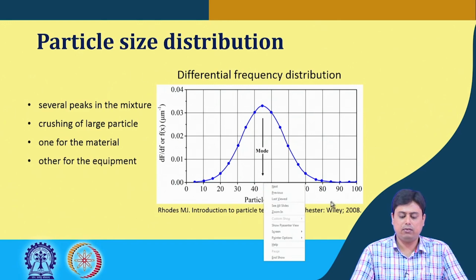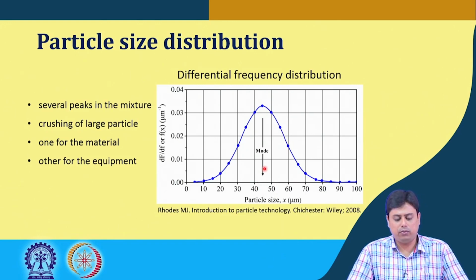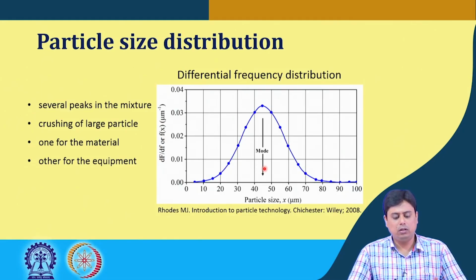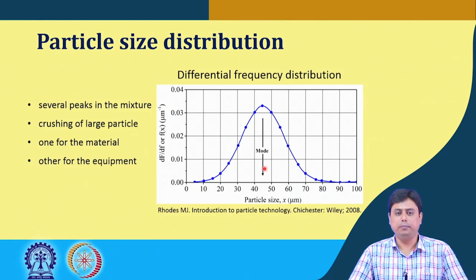Again, this gives a number similar to 44 or 45 micron. So we come up with a size distribution which can be plotted in both ways: directly as a cumulative mass fraction plot, or as a differential frequency distribution plot. By the median and mode we can find a single number to characterize that sample, that whole range of the size distribution.